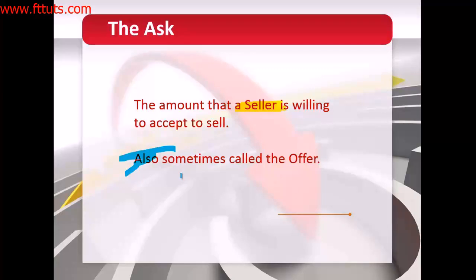The amount that a seller is willing to accept to sell is the ask. Sometimes you will hear people refer to the ask as the offer. In other words, this is the price that the seller is offering to the buyer. Would you be willing to accept my offer? If a buyer decides to accept the seller's offer, then we have a transaction.